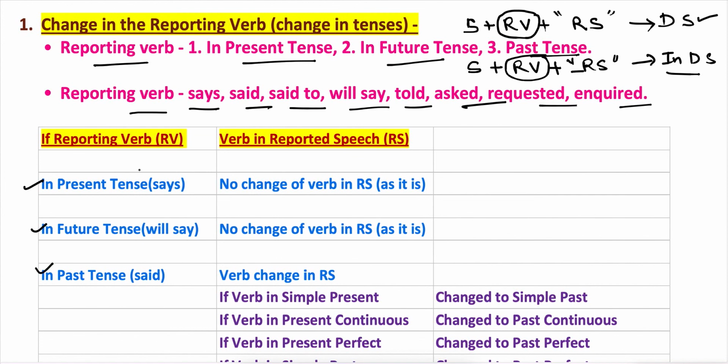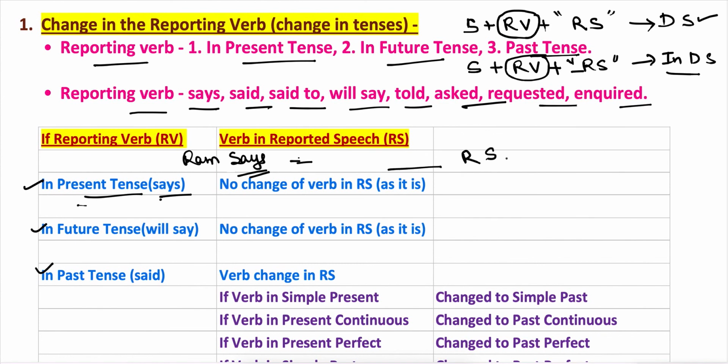So what will happen if the reporting verb is in the present tense? For example, if in a sentence "says" is written, as in "Ram says," then we can identify that the tense of the reporting verb is present tense. So what will be the tense of the reported speech?